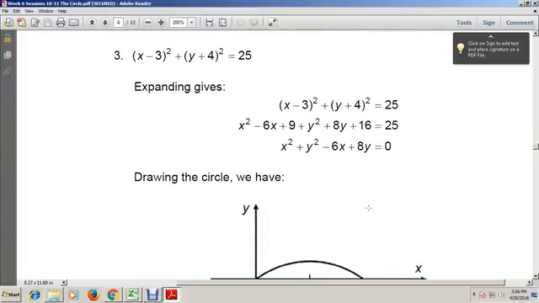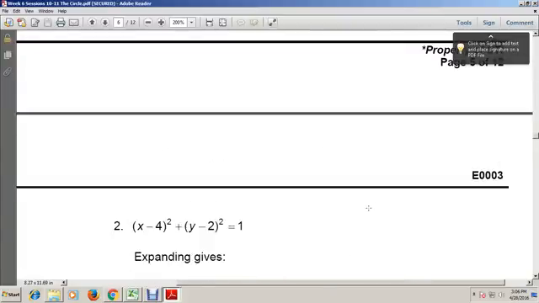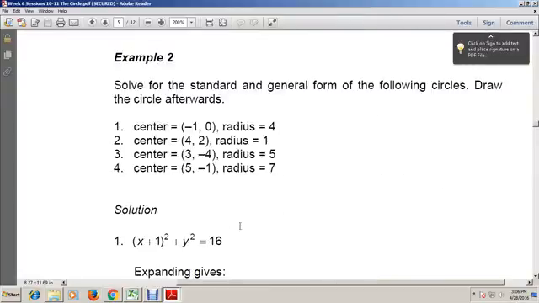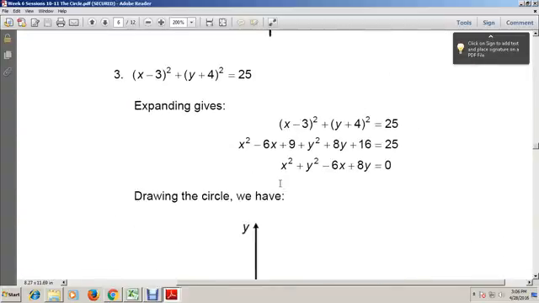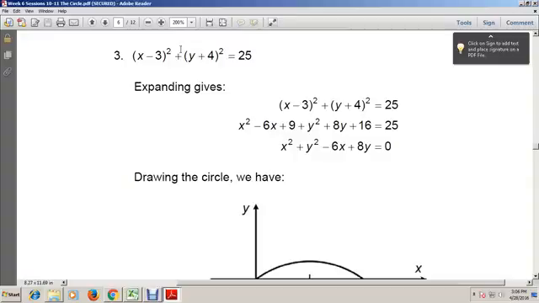Okay, so let's take on example number 3. For example number 3, we have the center at (3, negative 4), and the radius equal to 5. In our substitution, this becomes (x minus 3) squared, then y minus negative 4, that becomes (y plus 4) squared.